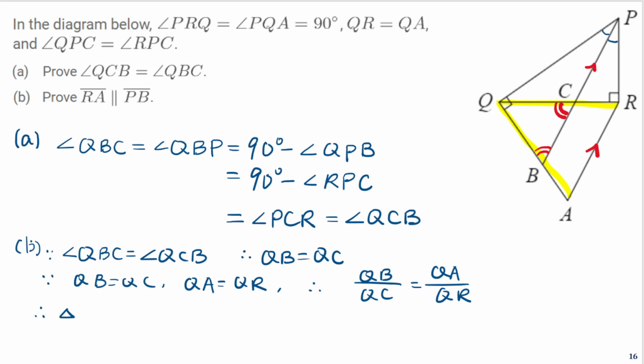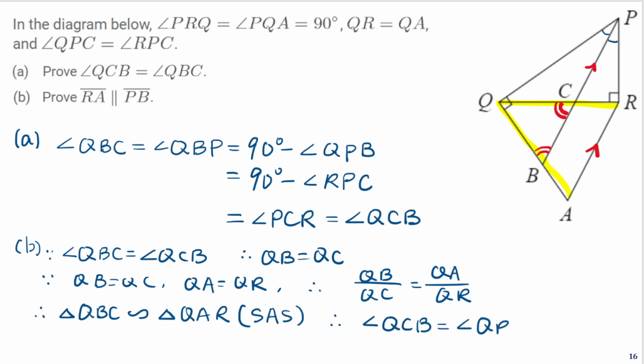Therefore, we know triangle QBC must be similar to triangle QAR by SAS, right? Therefore, we have angle QCB must equal angle QRA, right?